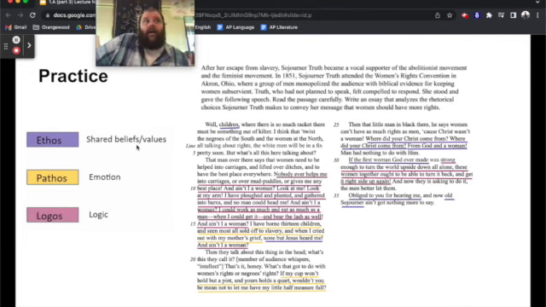But that doesn't necessarily mean that they didn't believe in Jesus. They were just interpreting things much differently. So that's a shared belief between Sojourner and the audience.